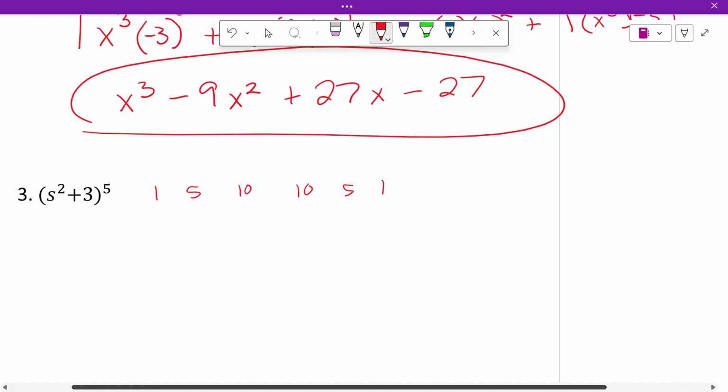Okay. This time we have a power to deal with, which you've got to be careful with, and you'll have to take powers to powers. So, first term, 1. s squared is to the what power? 5th. 3 is to the what power? 0.